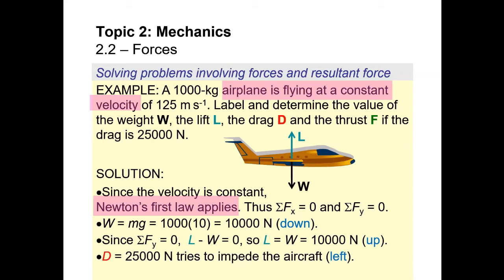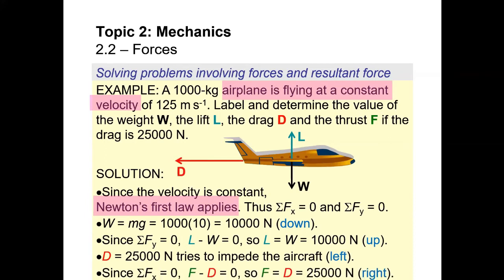The drag force is 25,000 Newton, which tries to impede the aircraft to the left. Since the resultant force in x component equals 0, thrust minus drag equals 0, so thrust equals drag force, which is 25,000 Newton to the right.